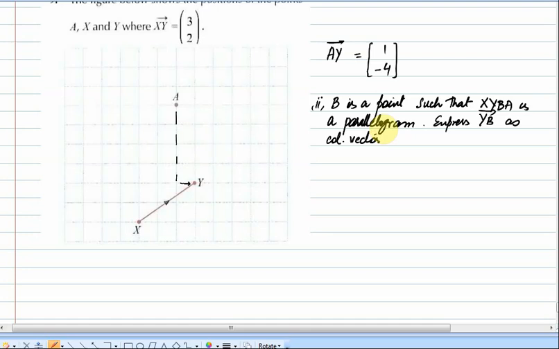Express YB as a column vector, and where should be the point B exactly, if XYBA is a parallelogram? Now you need to do it first by yourself and then I will explain. Keep in mind that in a parallelogram opposite sides are equal and parallel. You can use this strategy to find out the point B.